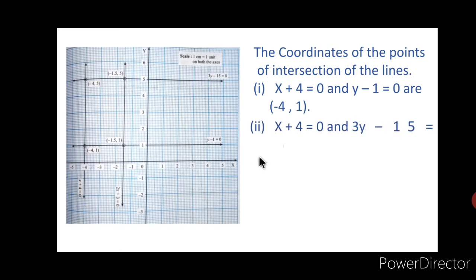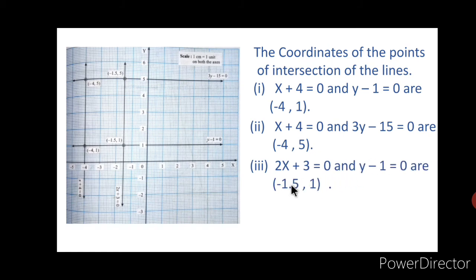Next, x plus 4 is equal to 0 is this line, and the second line is 3y minus 15 is equal to 0. These two lines intersect here, and the coordinates of the intersection point are minus 4 and 5. Then next, 2x plus 3 is equal to 0.